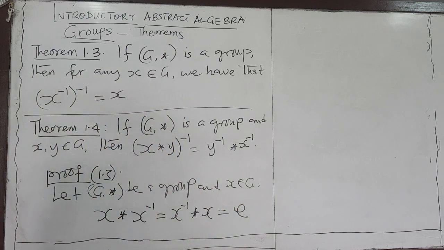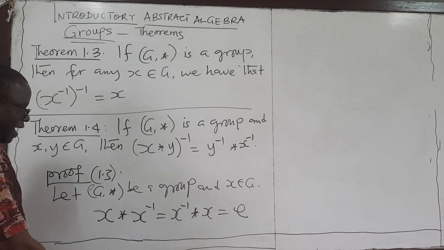You can define it up there too, right? Where e is the identity element. So this holds if G is a group and x is an element in G.